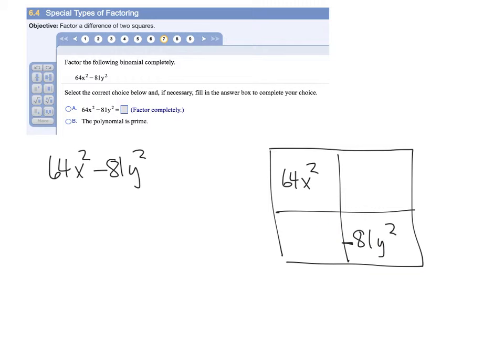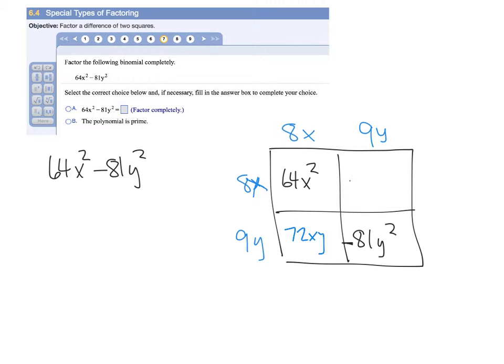And so now we recognize that these are both squares, because 64x squared, that's 8x times 8x. 8x there. And then we need to recognize, ignore the sign for a second, that 81y squared, well, that's just 9y times 9y.